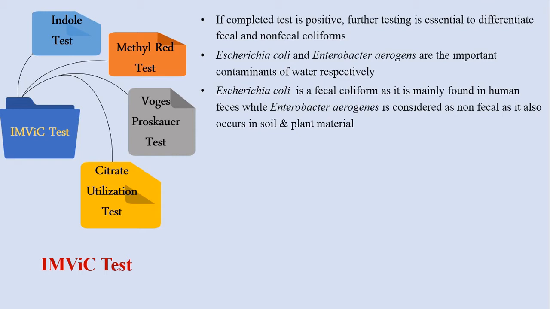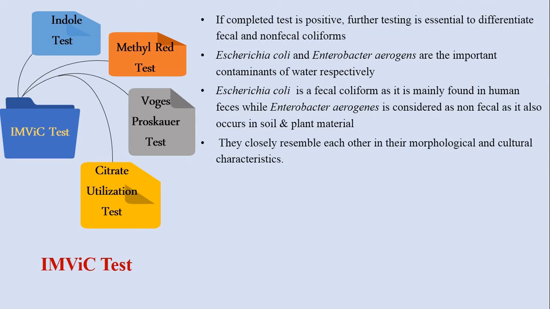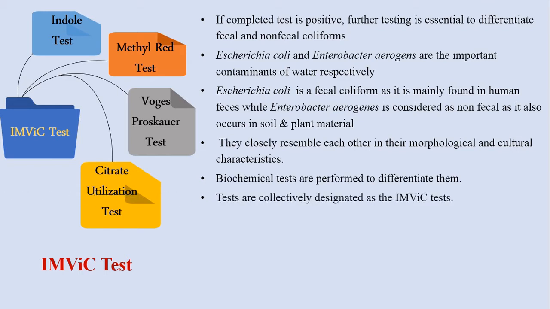These two organisms closely resemble each other in their morphological and cultural characteristics, and therefore biochemical tests are performed to differentiate them. The tests that are used for their differentiation are collectively designated as the IMViC tests.